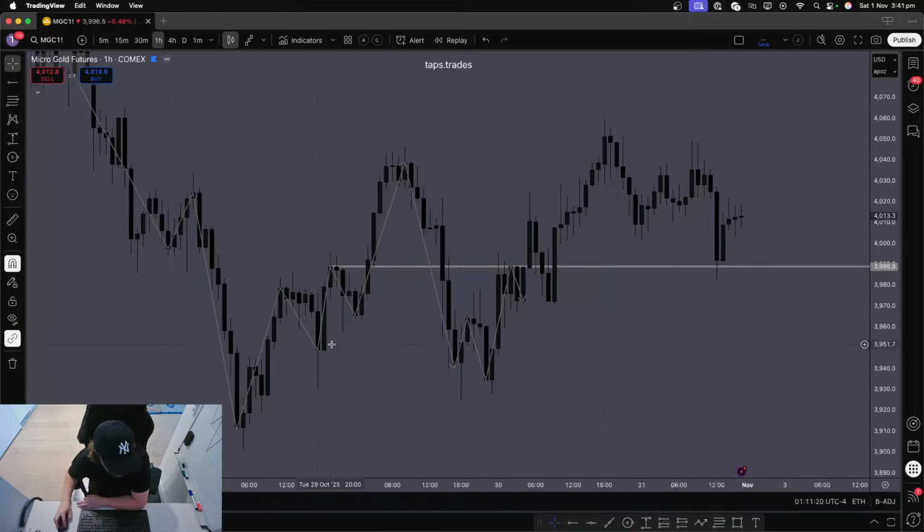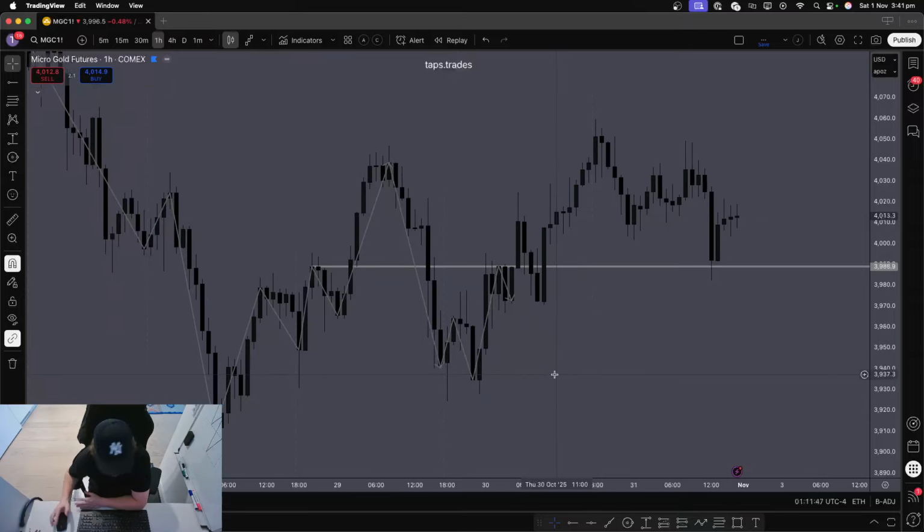So if we then look at the day, I trade the London session, but I trade on the New York time frame, which is UTC -4, and the London Open in New York time is 3 a.m. So I'm looking for trades from 3 a.m. onwards, essentially.